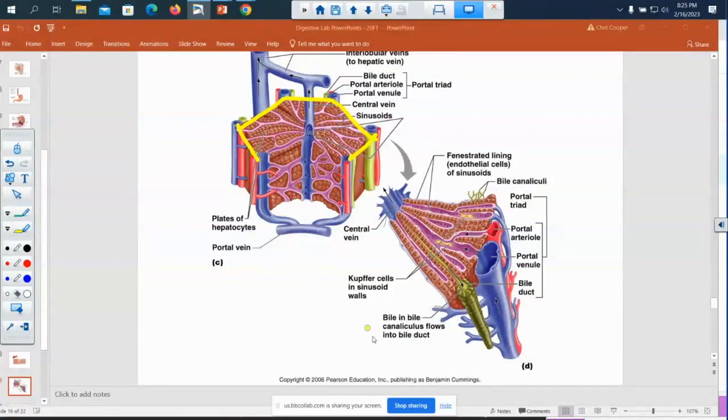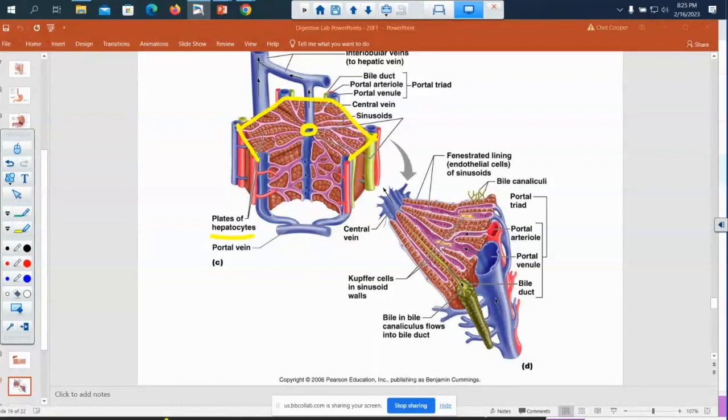Hexagon, they just took a chunk out and put it there. There's your hexagon. So what is this thing in the center? Central vein. And this also shows us that these hepatocytes, it's not just single layer there, these lobules are thick and they form like a sheet or a plate of hepatocytes.